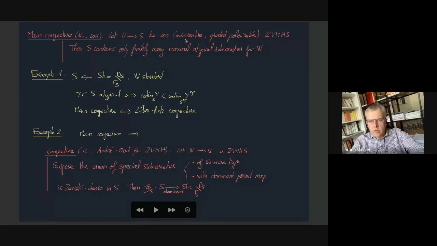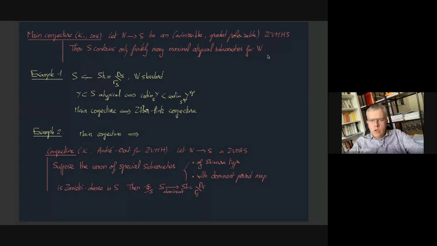Basically, it says the following: if you start with a variation of Hodge structure, and you can forget about admissible and graded polarizable, which is for the mixed case, so let's focus on the pure case, then there should be only finitely many maximal atypical subvarieties for V. This means that if you restrict yourself to the special subvarieties which have an excess intersection, and you take their union, they are in fact contained in finitely many maximal ones. Okay.